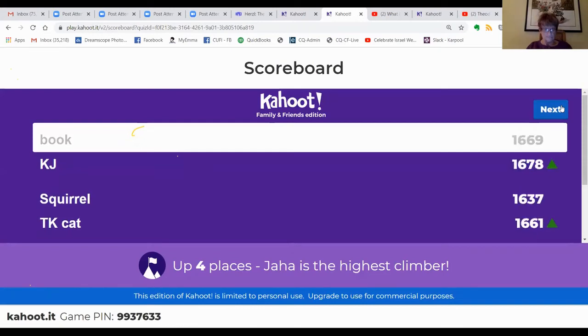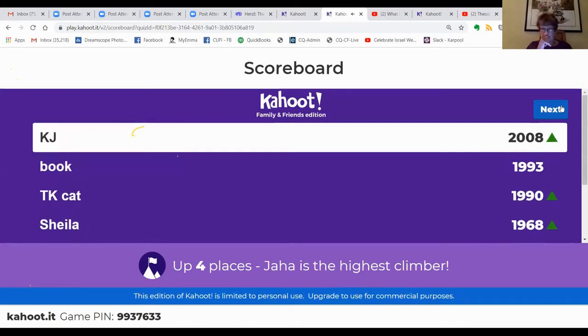Let's see how the standing is. Oh, we got a little bit of change, but still pretty good. Everybody's doing really well. And look at that, the highest climber went up 4 places.